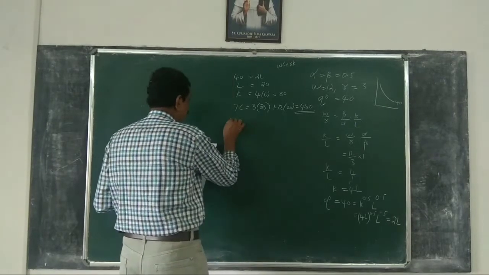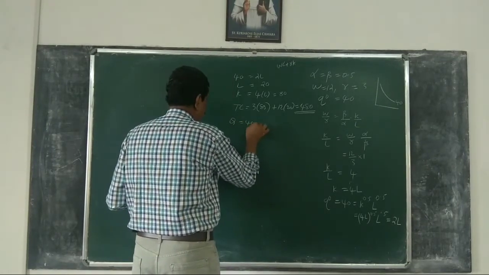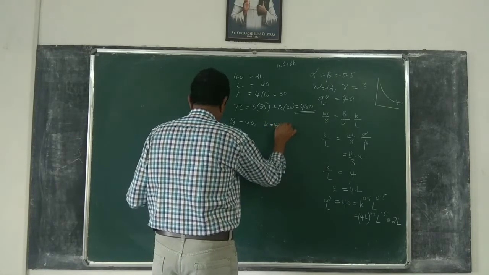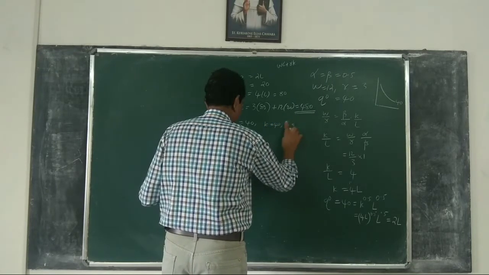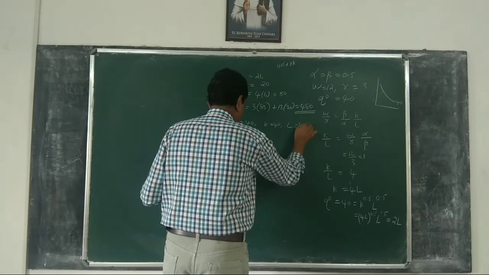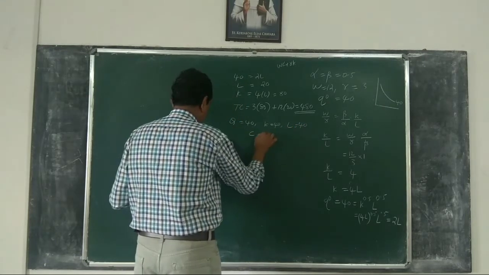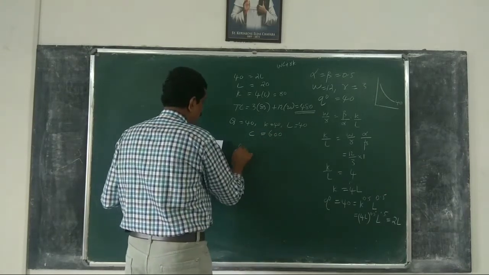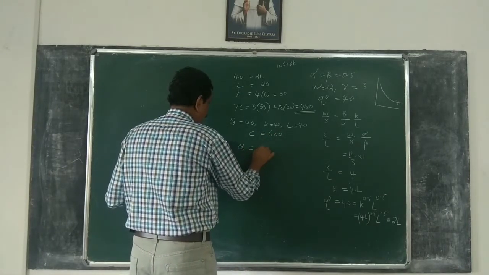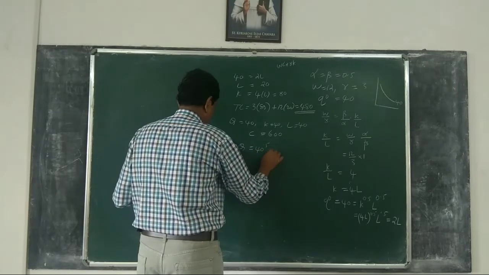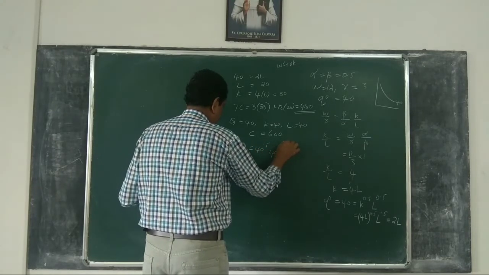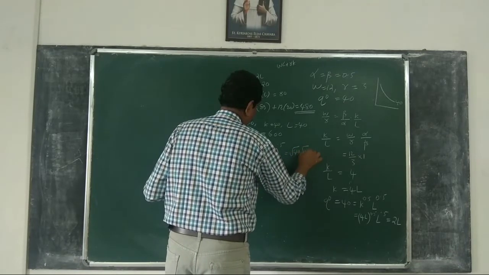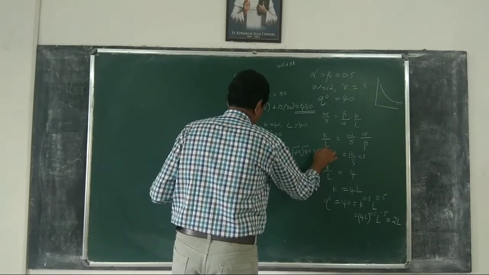Now, this Q equal to 40 can also be produced by K equal to 40, L equal to 40. Then the cost will be 600. That is, Q is equal to 40 raised to 0.5 times 40 raised to 0.5, that is root 40 into root 40, which is equal to 40.